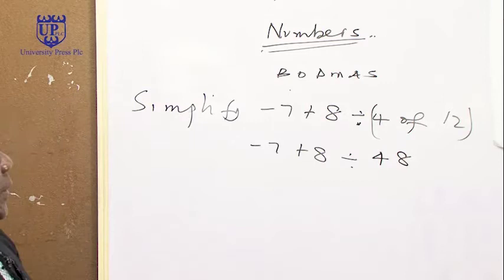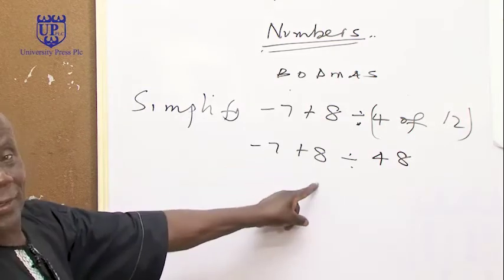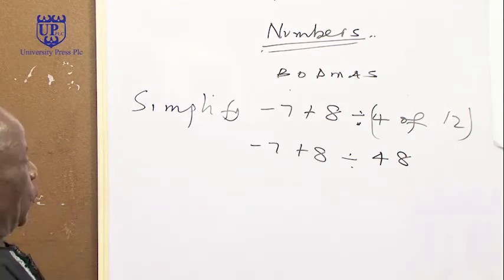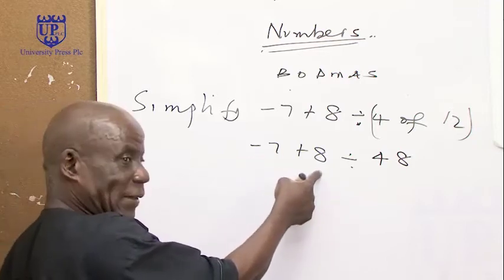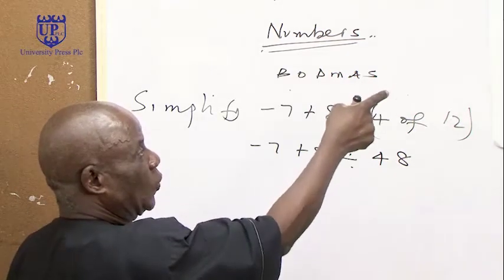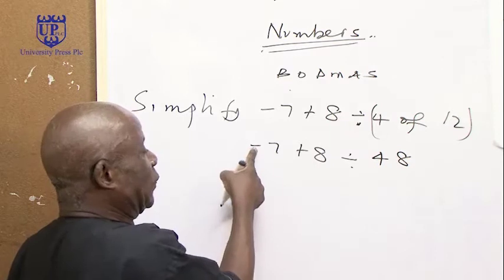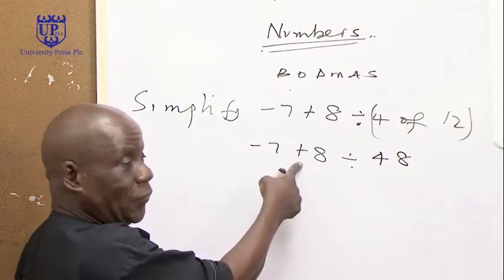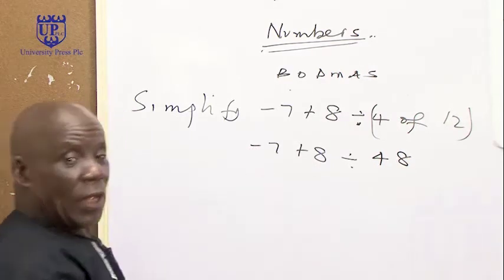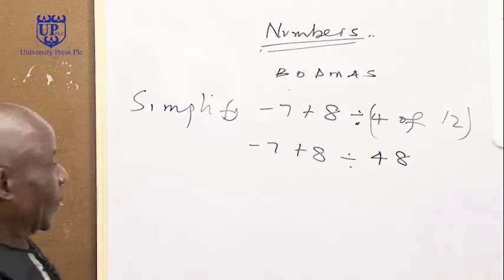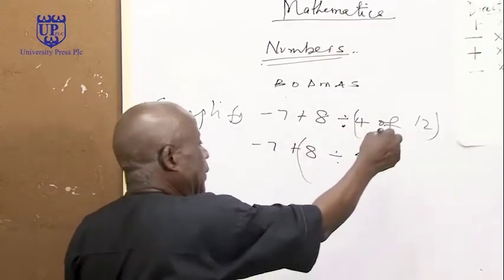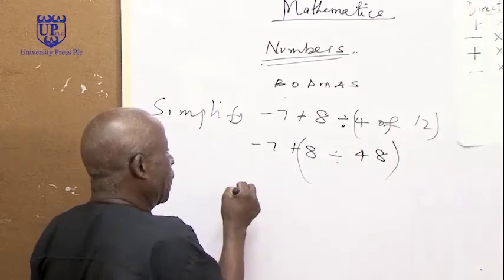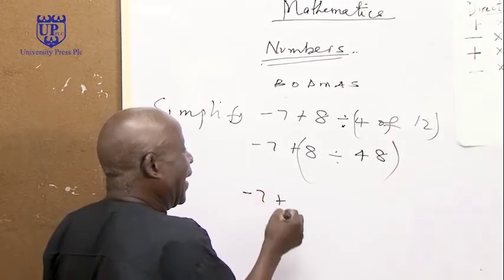If you are tempted to say addition first, and you remember your directed numbers, you say negative and positive is negative, and you say it's minus 15, you are doing another thing entirely. You have to do this. This one will be minus 7 plus 8 divided by 48.